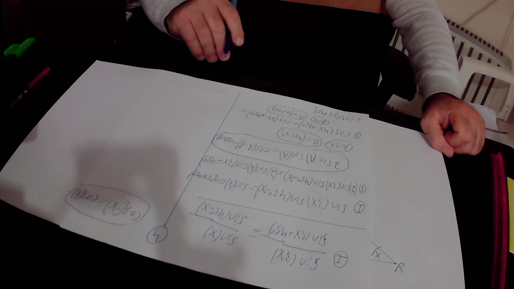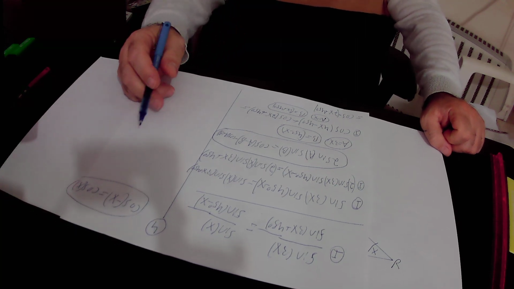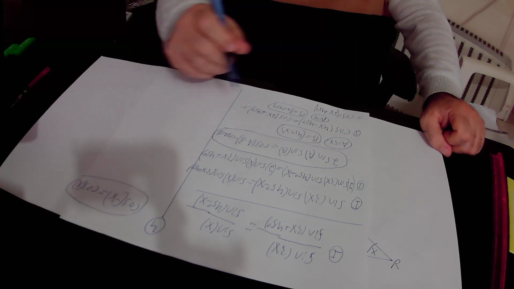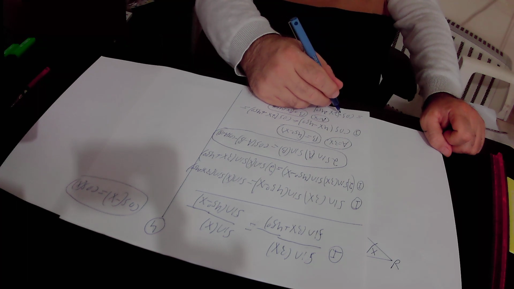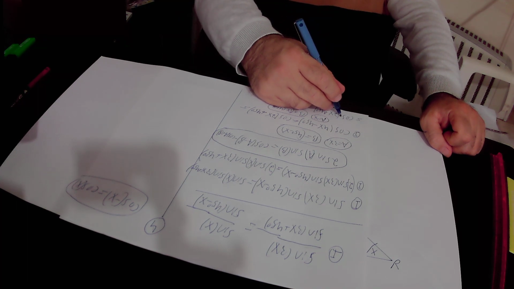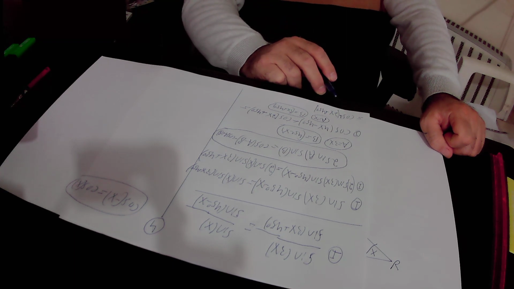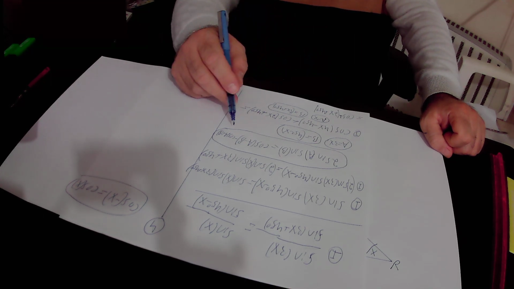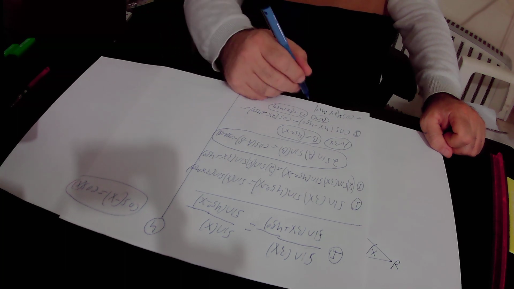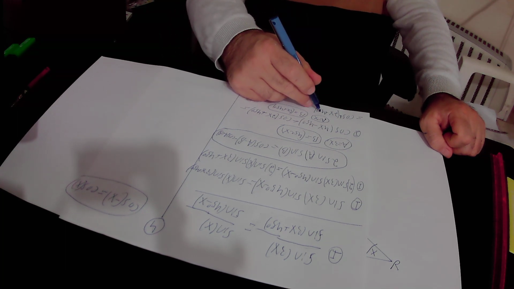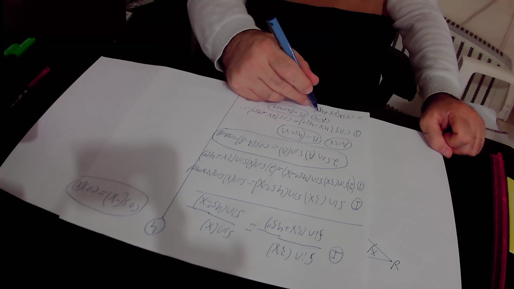So we'll change it to a positive sign. In conclusion, it is actually cosine 2x plus 45 degrees, and we also must subtract cosine A plus B.